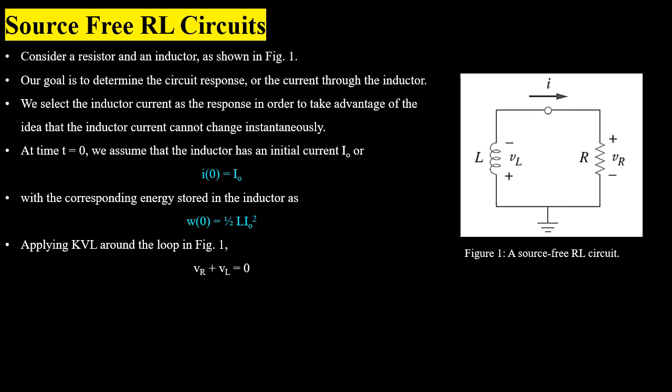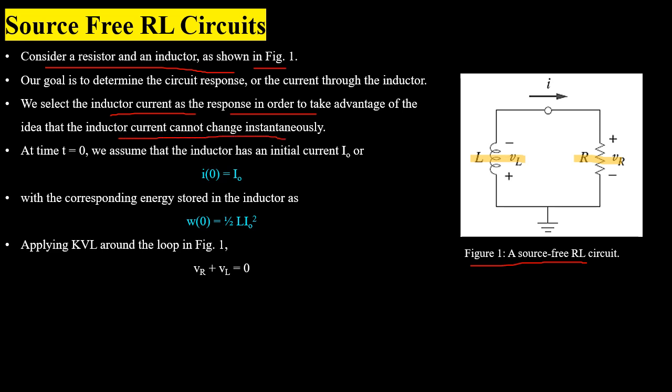Now we will study the analysis of the source-free RL circuit given in figure 1. The circuit consists of an inductor and a resistor, and we have to determine the response of the circuit, which in this case will be the current through the inductor, because we know that current through an inductor cannot change instantaneously.